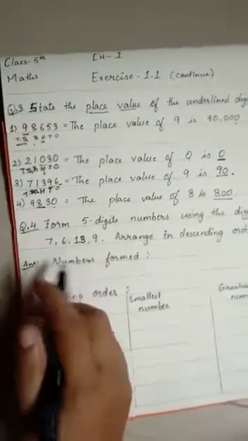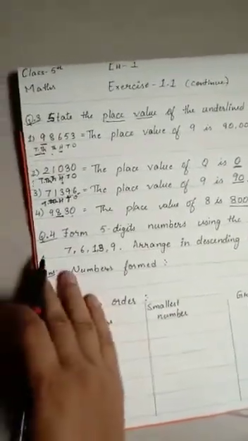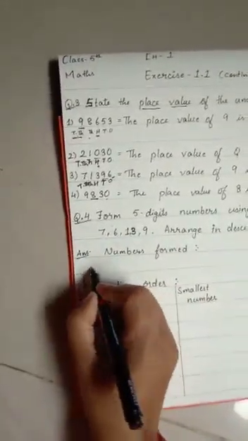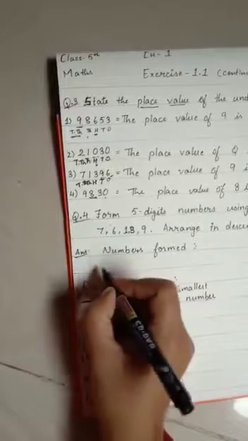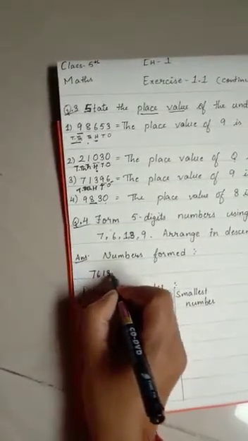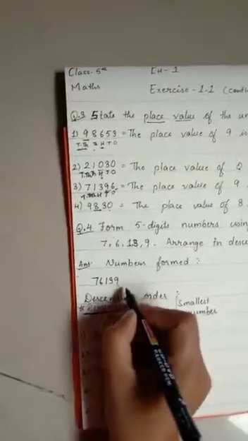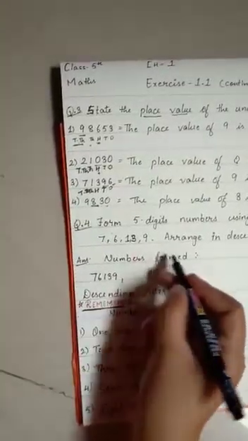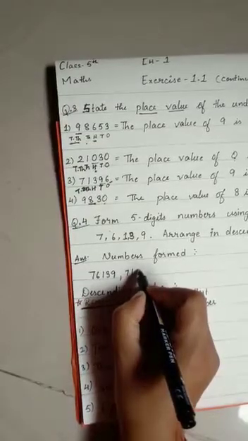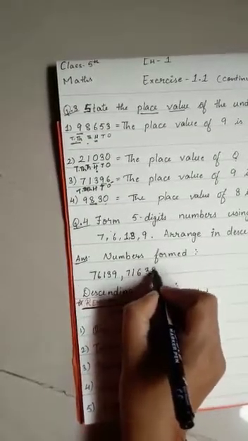So let's start with 76139. The first number we can copy as it is, so the number formed is 76,139. Then for the next number, we have to rearrange again. So 1 will come first, then 6, then 3, 9.